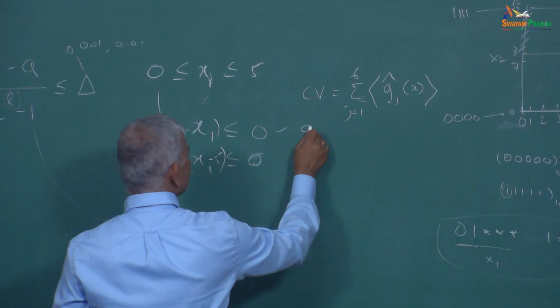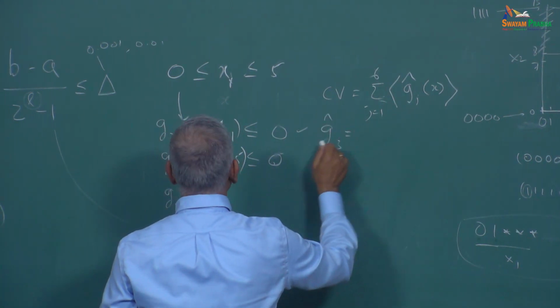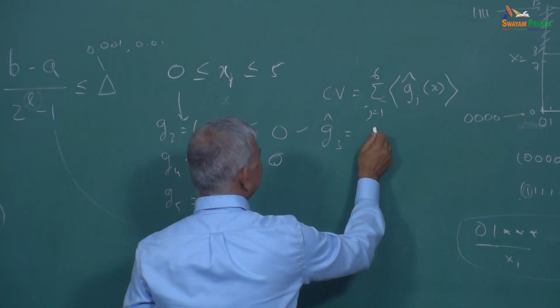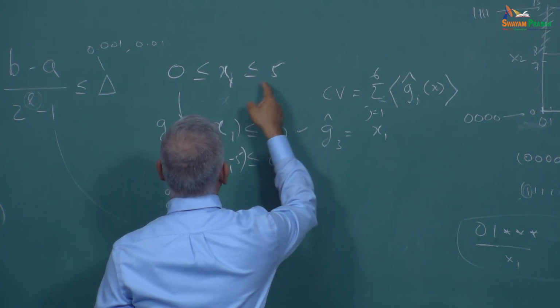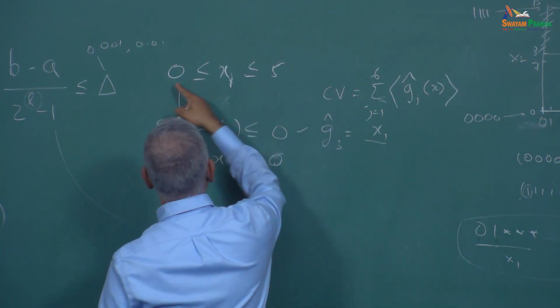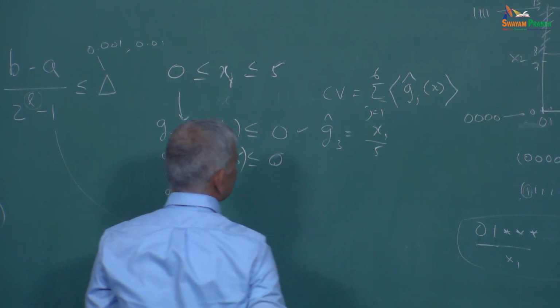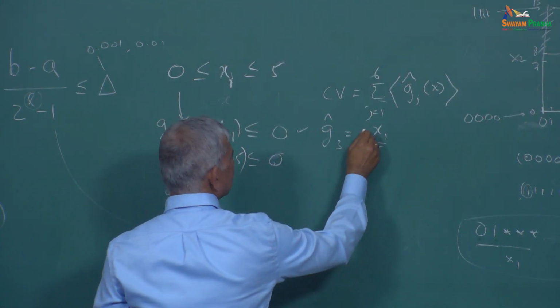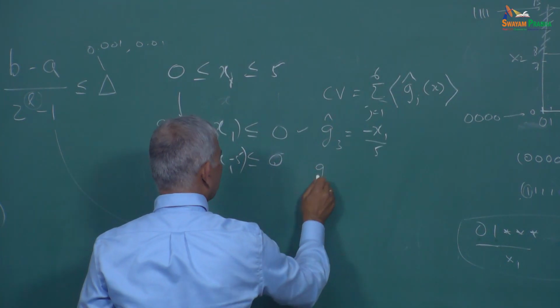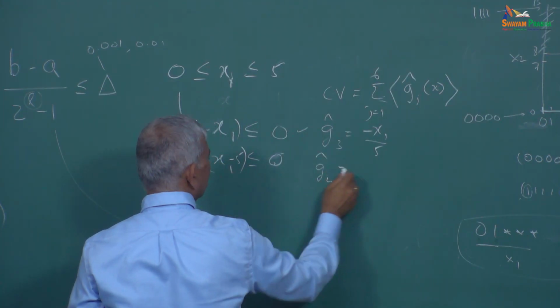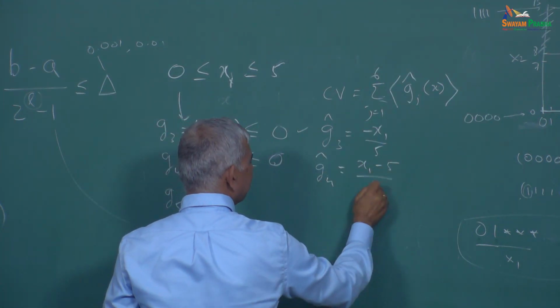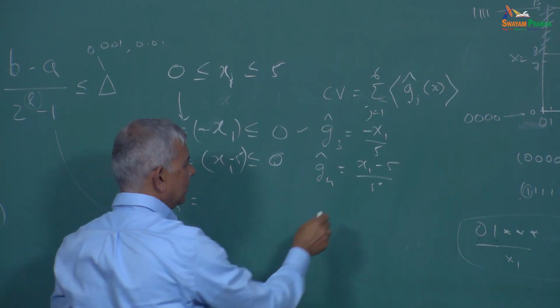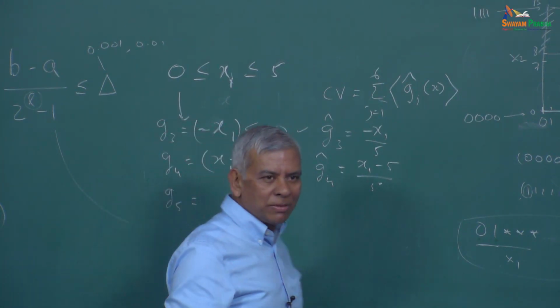So normalization of G3 in this case is going to be whatever is the maximum value of x1, which is 5. Usually we do 5 minus this. So you can do 5 in this case. Okay, so that's your normalized with a minus sign. And G4 normalized is going to be x1 minus 5 by 5 because we divide by the fixed number. Okay, so this is how you normalize.